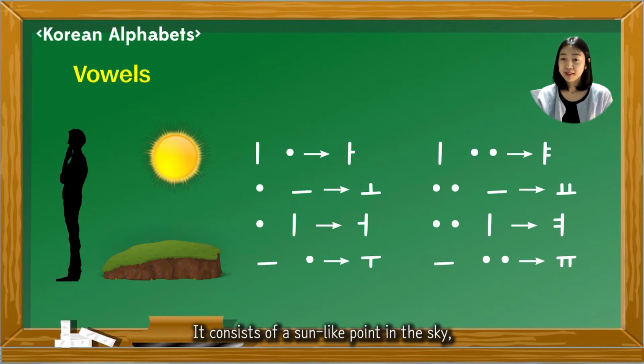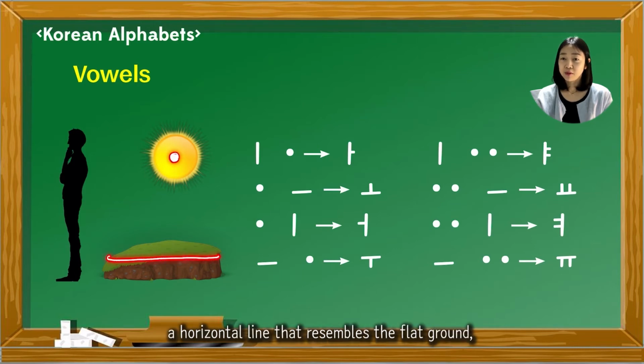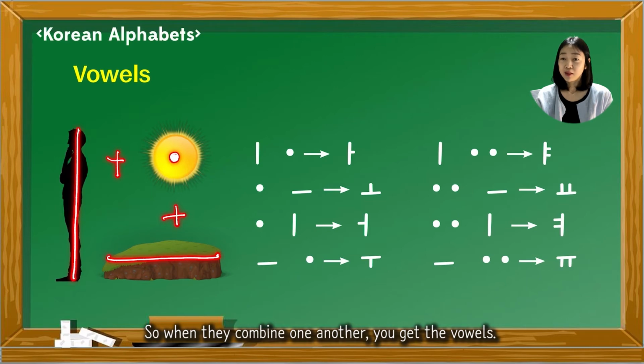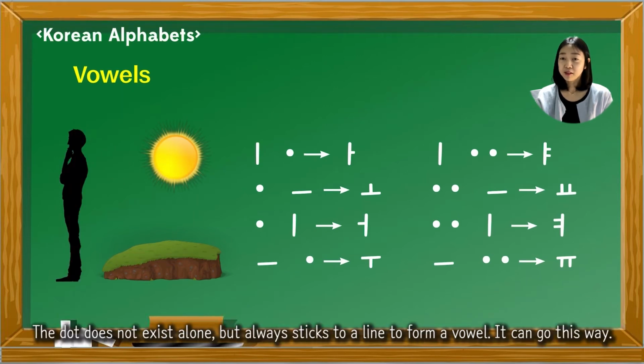It consists of a sun-like point in the sky, a horizontal line that resembles the flat ground, and a vertical line that resembles a standing person. So, when they combine one another, you get the vowels. The dot does not exist alone, but always sticks to a line to form a vowel. It can go this way.